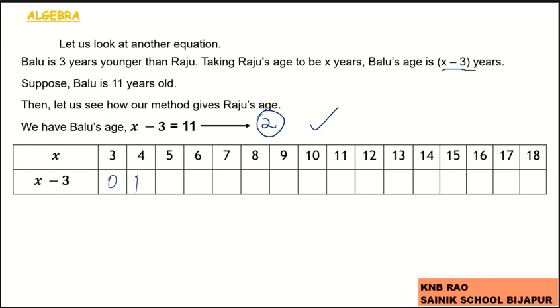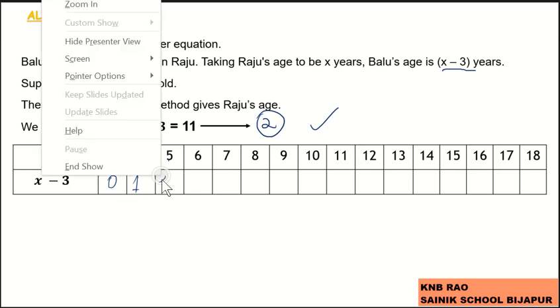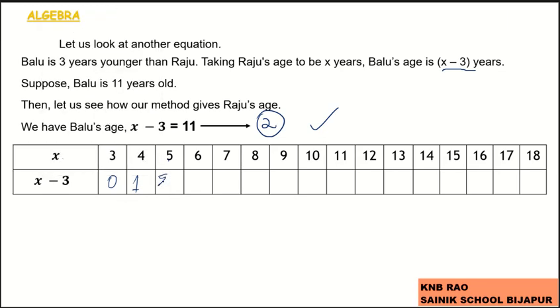You know how to find this value. Substitute x as 5, it becomes 5 minus 3, which gives 2. When x equals 6, 6 minus 3 becomes 3.